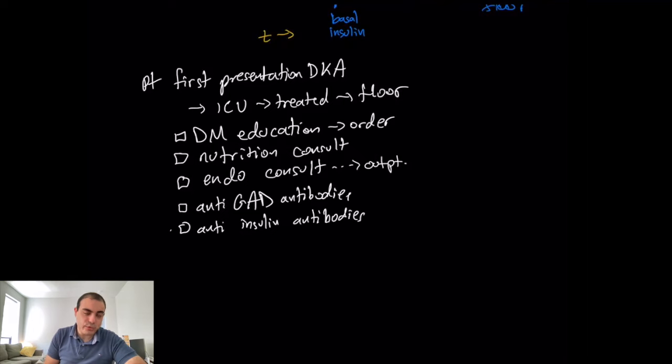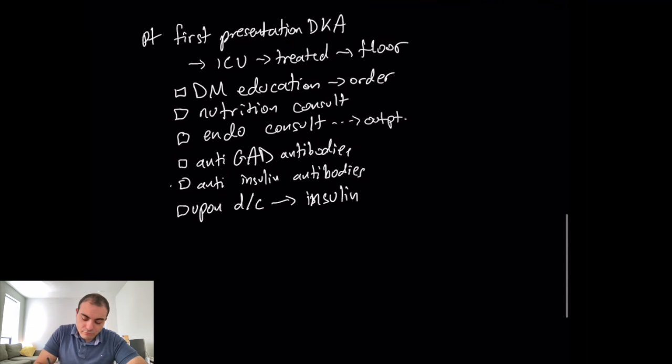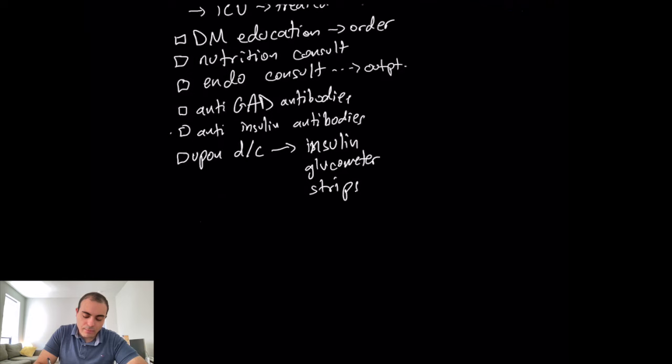So you want to at least do these and then make sure upon discharge that they have insulin, they have a glucometer at home, they have the strips for the glucometer, and they have the needles for the insulin.